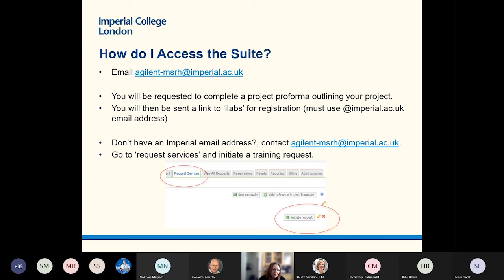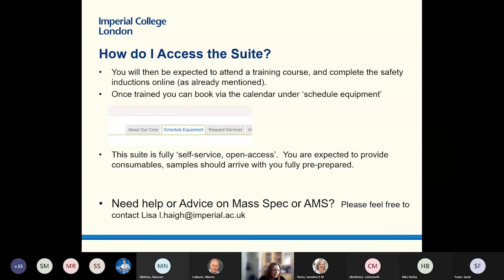Once you've registered for iLabs, you can go to request service and initiate a training request, and very much like the mass spec facility, you'll have a number of safety inductions to complete, and once you're trained, you can go to schedule equipment and book the calendar as you want. And as I said, the Agilent measurement suite is pretty much fully self-service and open access, so once you're trained, you'll pretty much be left on your own unless you request any help.